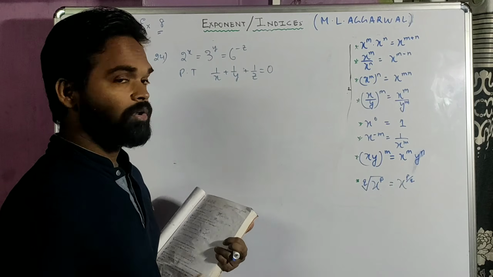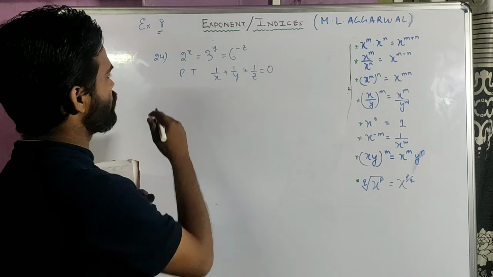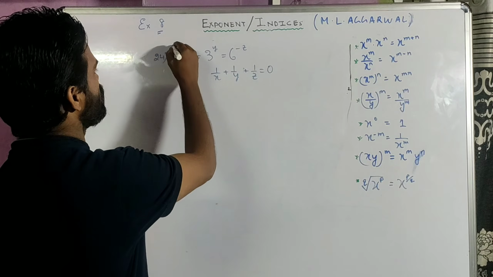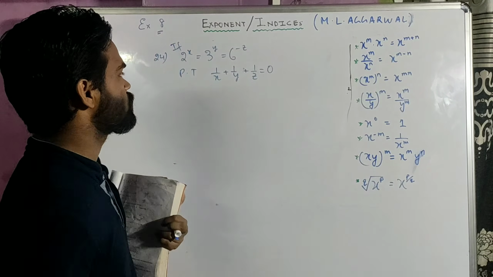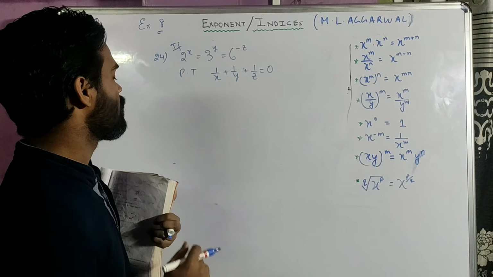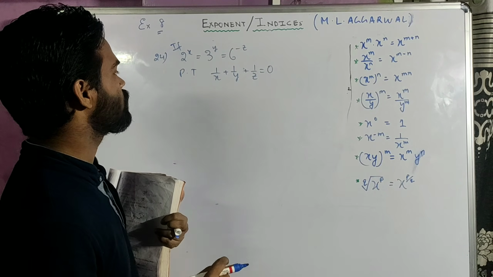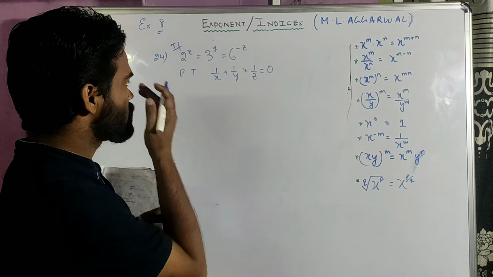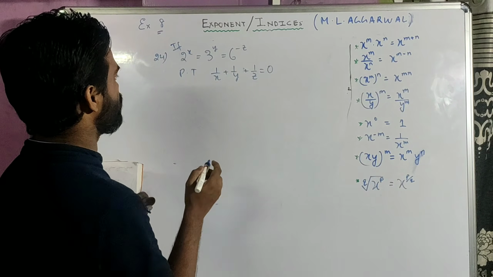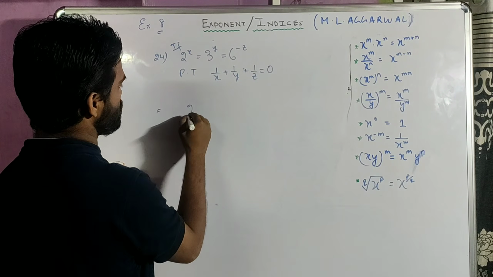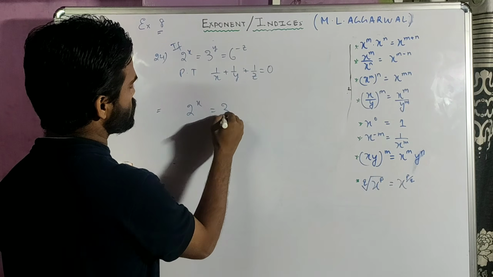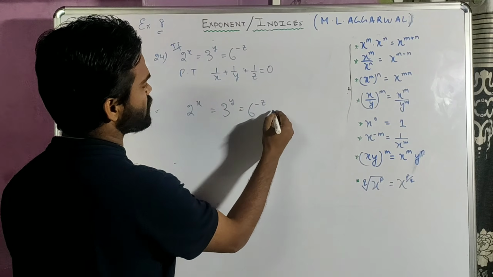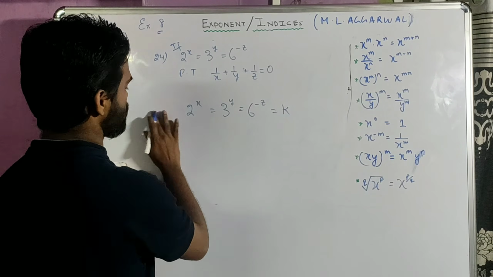Done. Now look at sum number 24. If 2 to the power x equals 3 to the power y equals 6 to the power minus z, prove that 1 by x plus 1 by y plus 1 by z equals 0. Now look carefully. What is given to us? 2 to the power x equals 3 to the power y equals 6 to the power minus z. Suppose I take this as k.